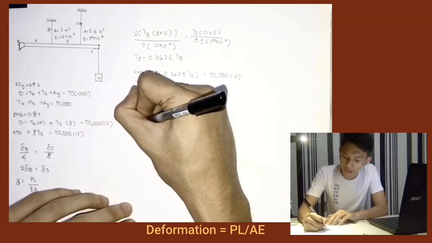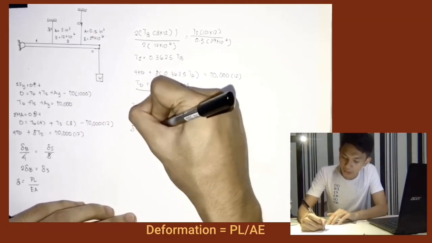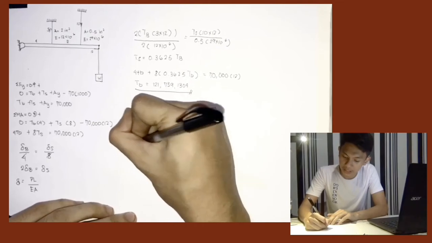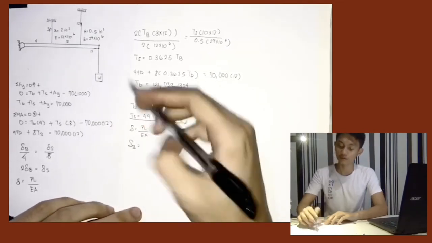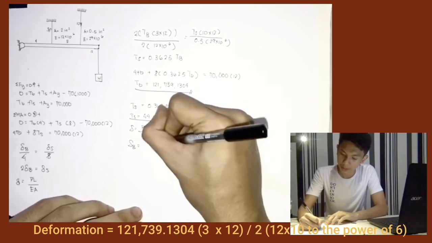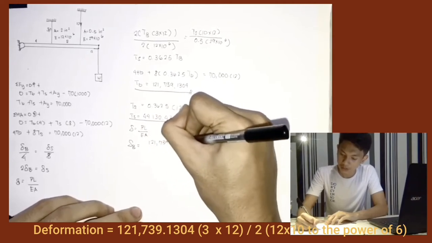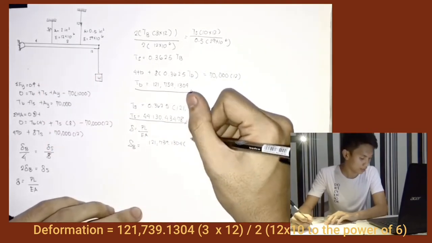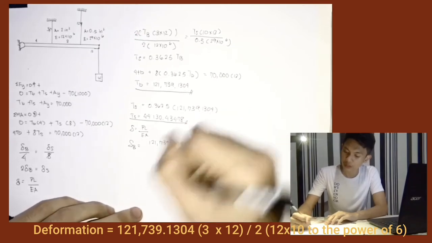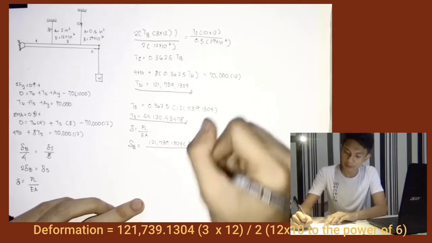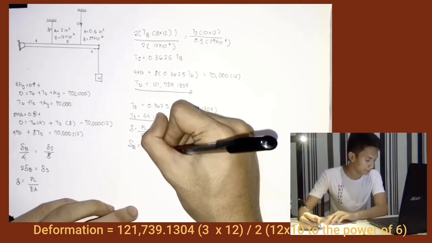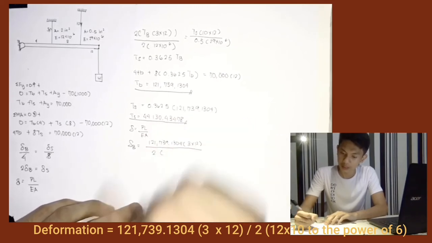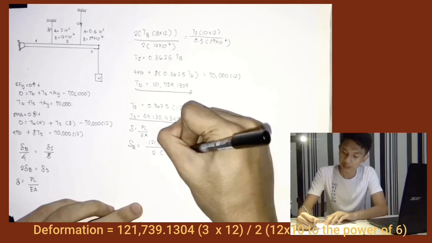So the deformation is PL over EA. Now that we have the force, we can get the deformation of B. So 121,739.1304 multiplied by the length, which is 3 feet, times 12 because it is in inches, over the area, which is 2, times the elasticity factor, which is 12 times 10 to the power of 6.